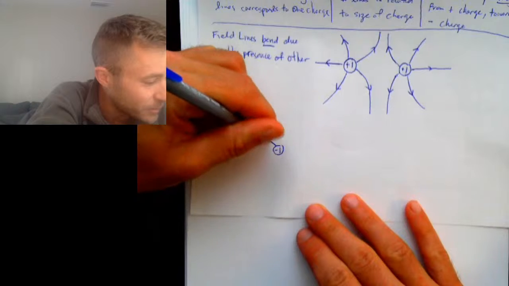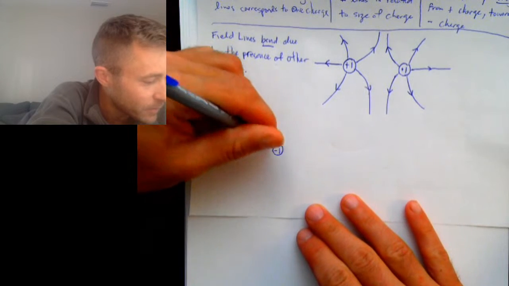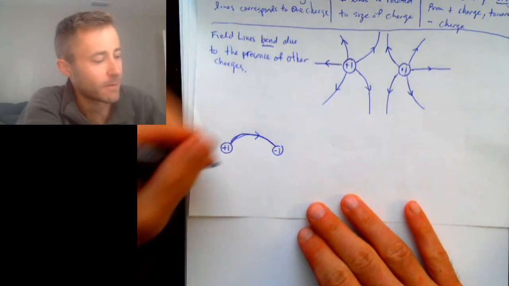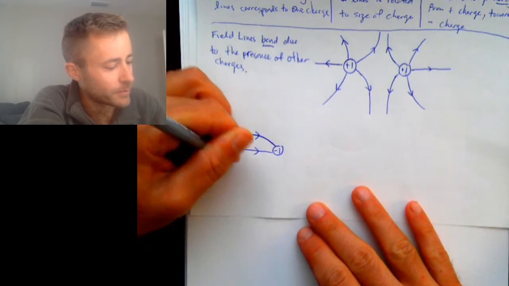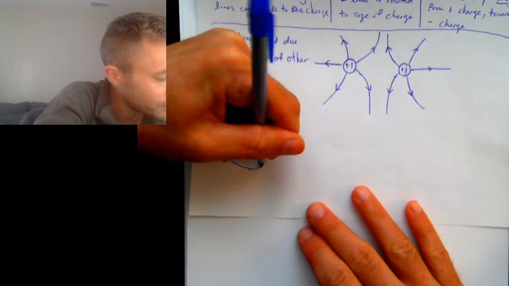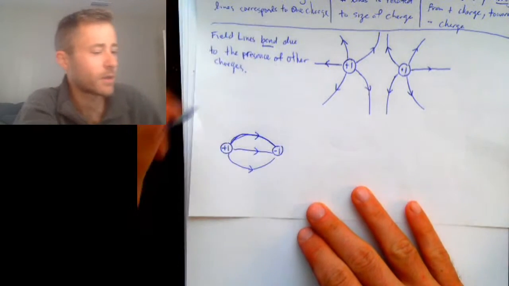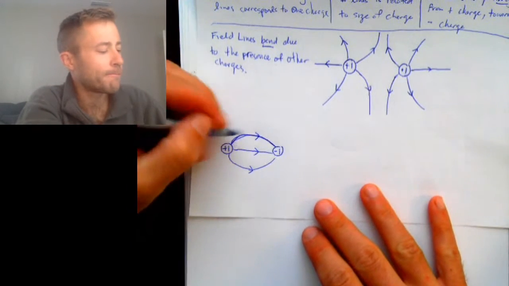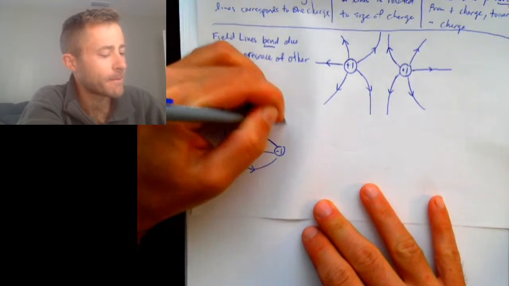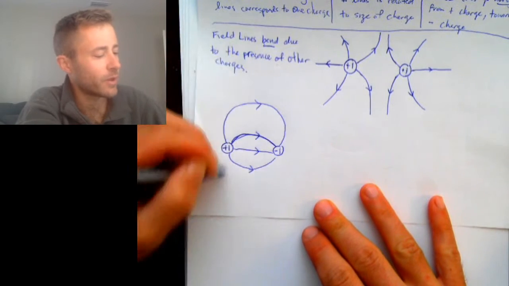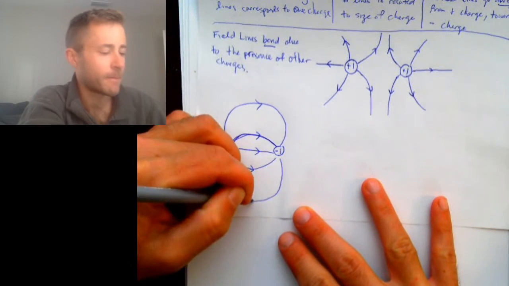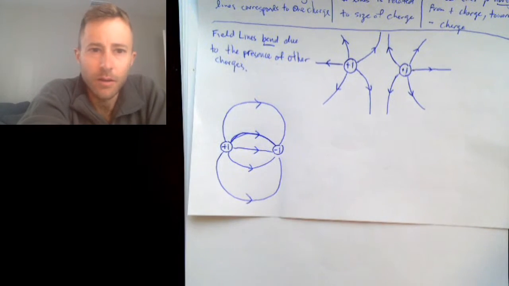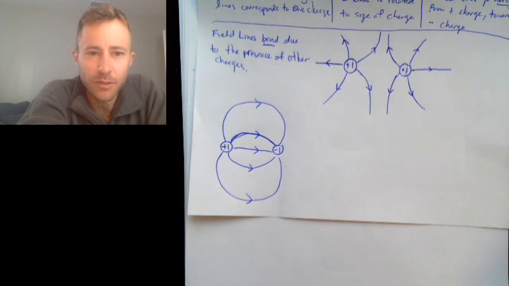They link up like that. They kind of do this type of pattern. So that's a positive next to a negative.